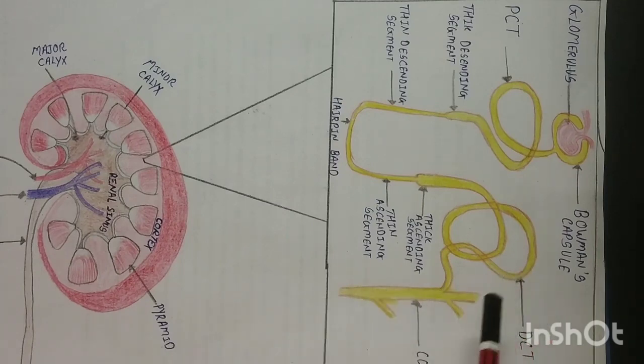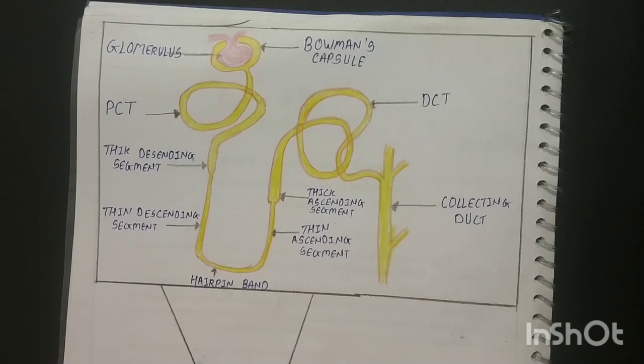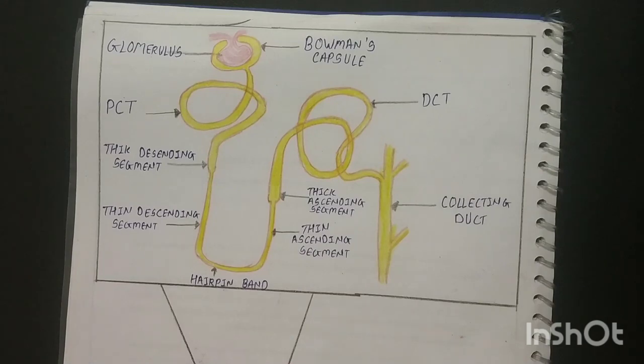So let's talk about the nephrons. Each kidney consists of 1 to 1.3 million nephrons. Not the two kidneys together, but each kidney contains 1 to 1.3 million nephrons, and the nephron is the structural and functional unit of the kidney.